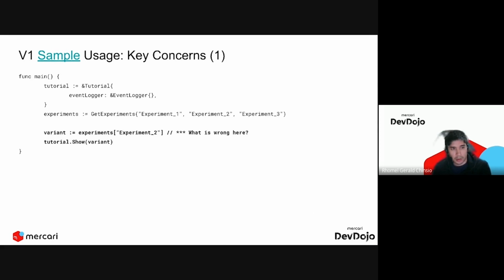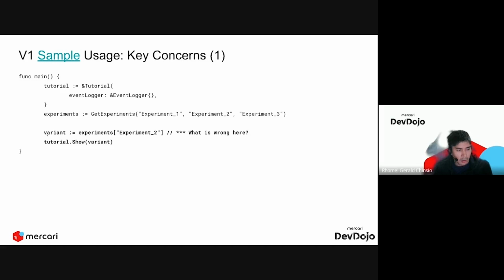One key issue with this code base is that, well, there are several key issues. Here I'm showing you one potential issue. We have a call to the API to get the experiments for experiments 1, 2, and 3.